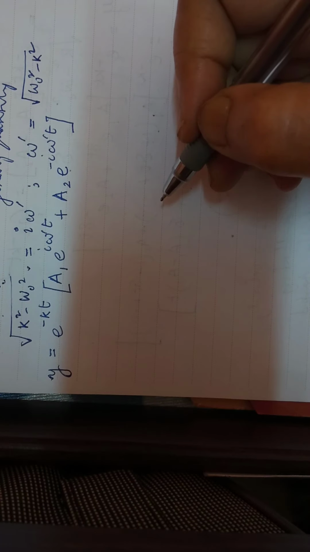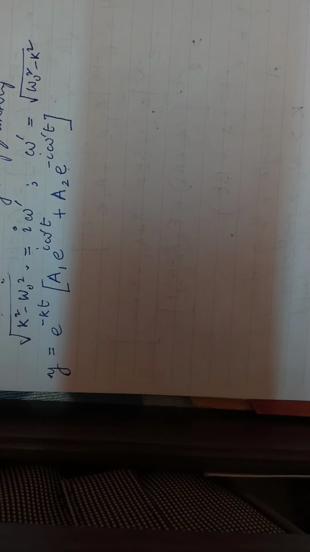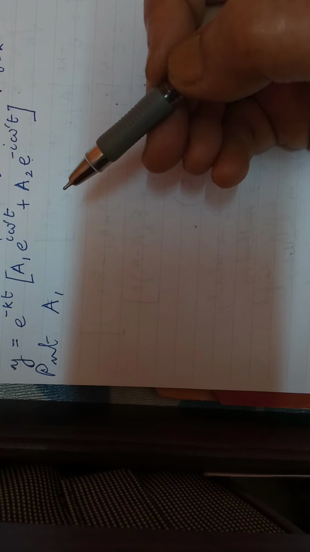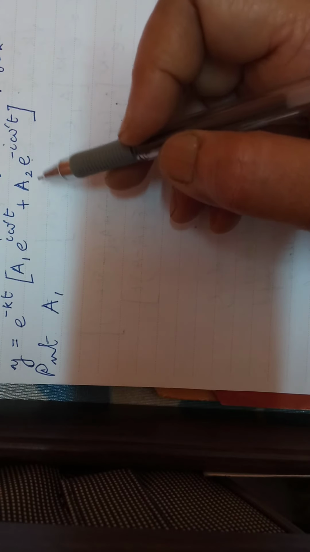So this is what we are getting. Already, just by considering the situation of light damping, a sine cos function has come in.